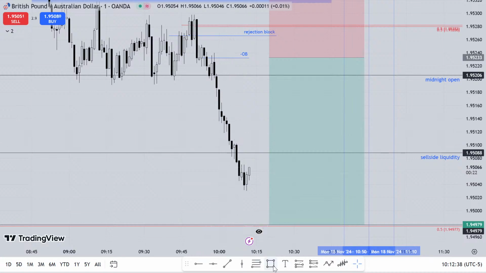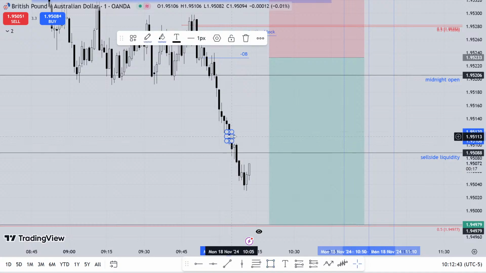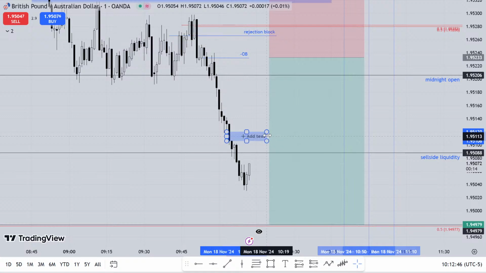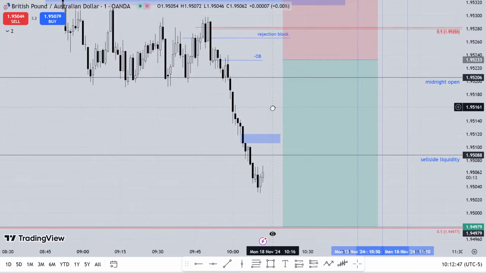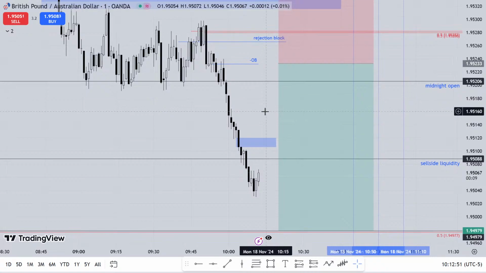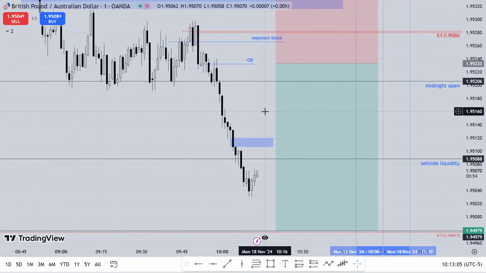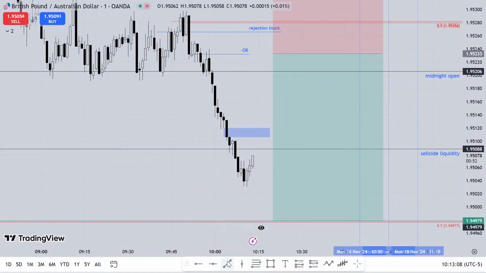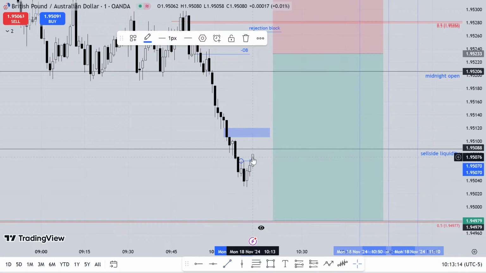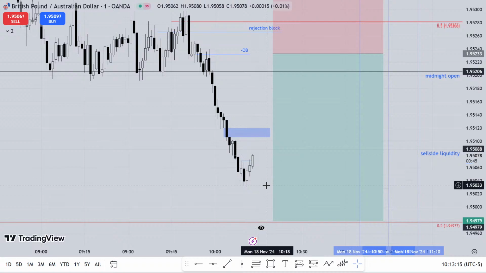So I'm going to draw this imbalance out in time. So we have these relative equal lows here.